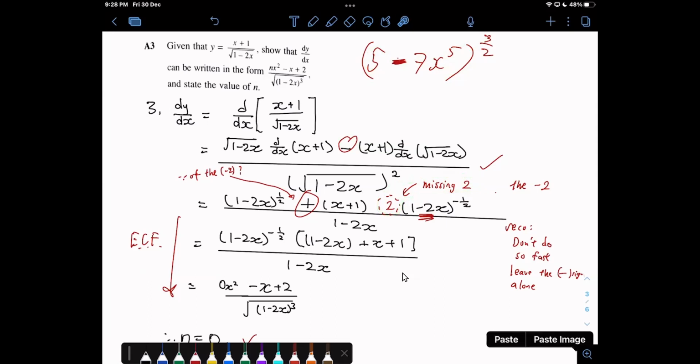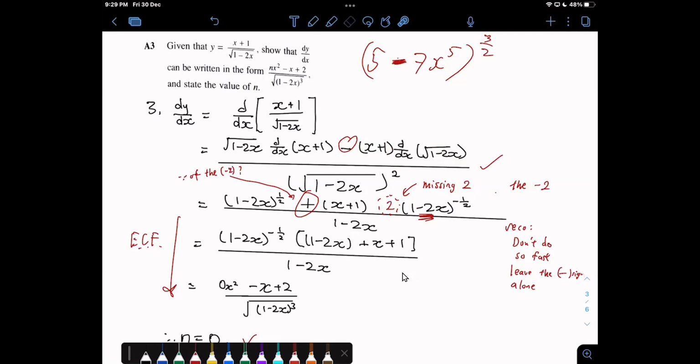Missing. Correct or not? If you differentiate a square root of 1 minus 2x, you need to use chain rule here. Yeah. So bring down the half. Okay, hold on a second. Where's my half? Oh, sorry, I was wrong. You were doing 2 steps.